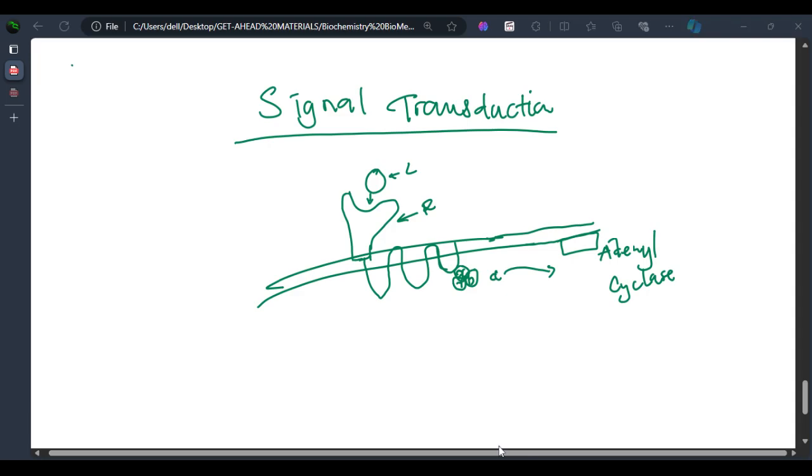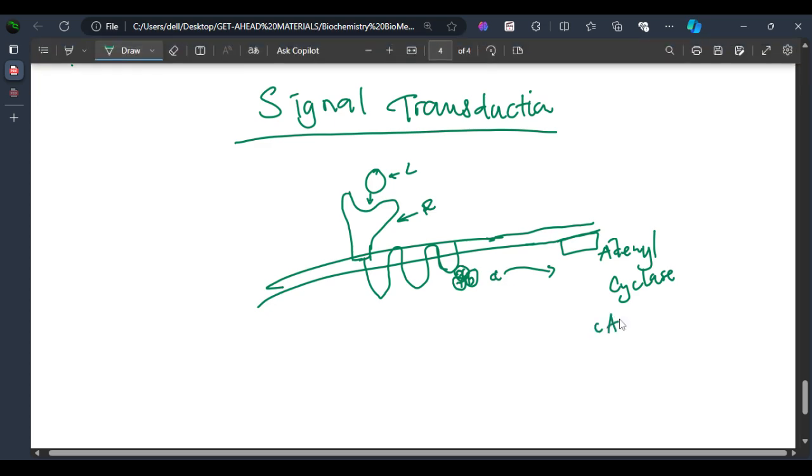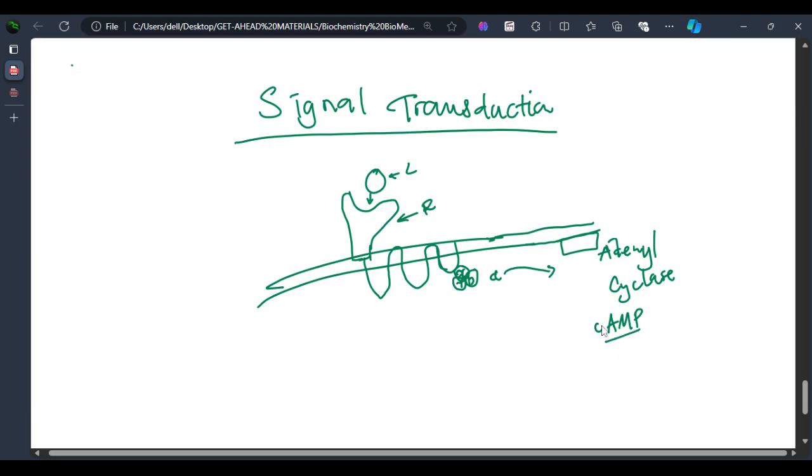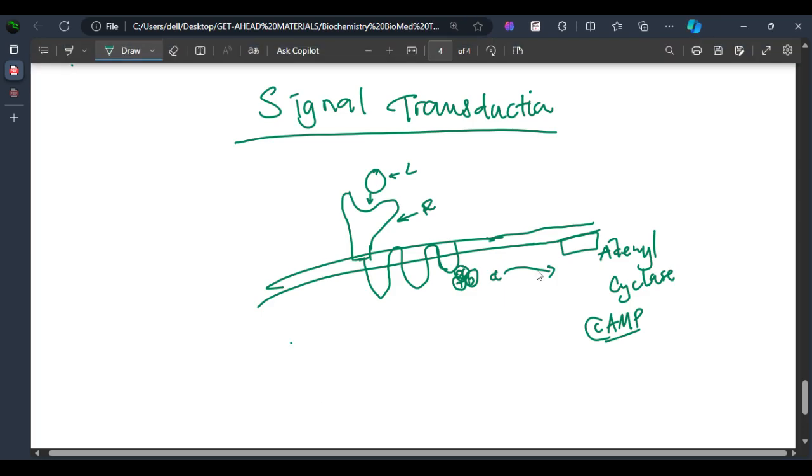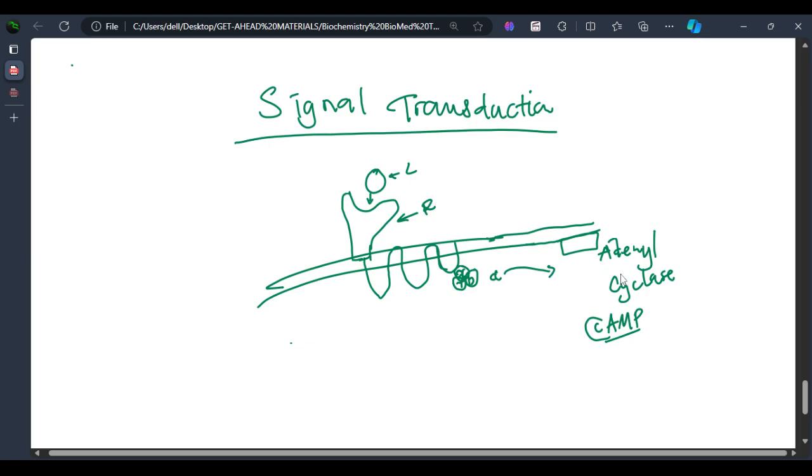Adenyl cyclase, basically, from the name, it's going to cause formation of cAMP. Okay, so adenyl cyclase basically gets AMP and cyclizes it, forming cyclic AMP. Alright, so the alpha subunit goes to adenyl cyclase, then activates it to form cyclic AMP from AMP.